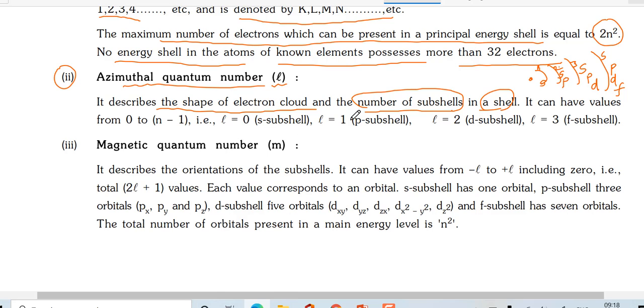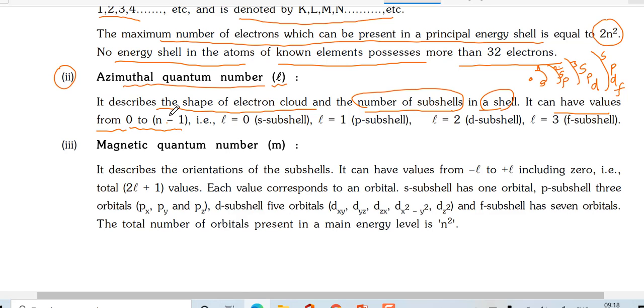So finally the azimuthal quantum number is telling about subshells in the shells. It can have values, and this is an important point, you have to know how we assign the values for l. We start the value from 0 up to a maximum value of n minus 1.